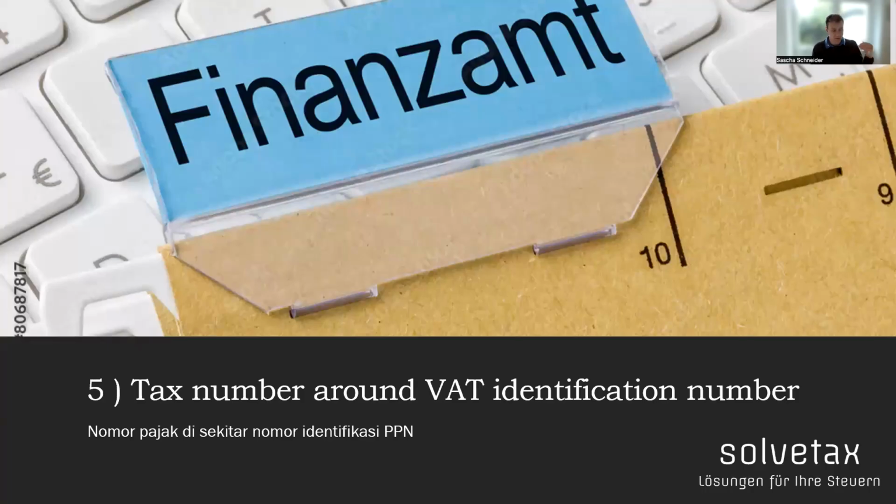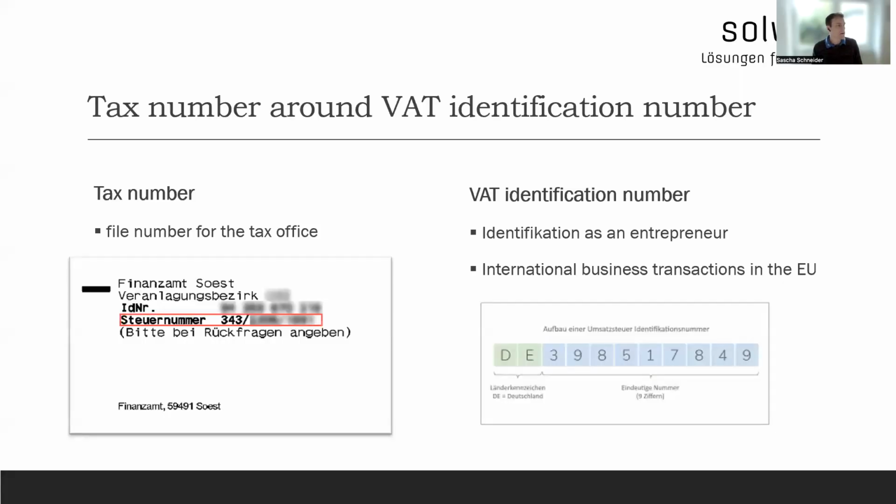Okay, and when the registration is done, then of course you will get your tax number, and if you apply for it, the VAT identification number. The tax number means the financial office has a file number for your case.